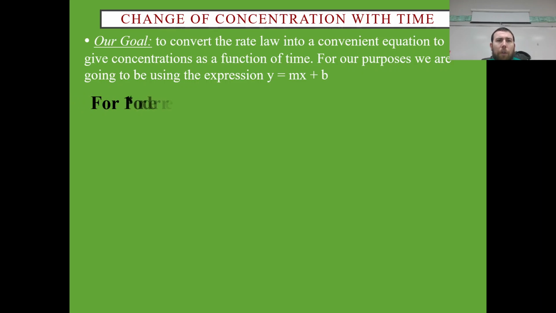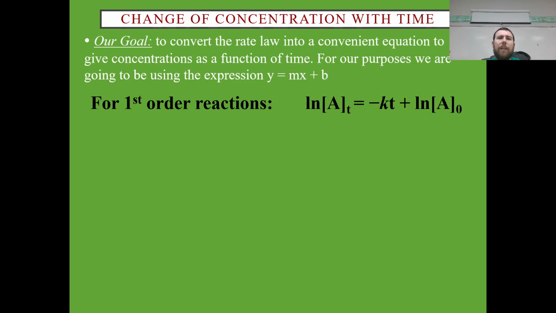So for first order, if you recall, we said that the natural log of the concentration of A at some time t is equal to negative kt, so negative k, the rate constant, times the time, plus the natural log of the initial concentration. That's going to be our slope-intercept form of that equation, our y = mx + b.